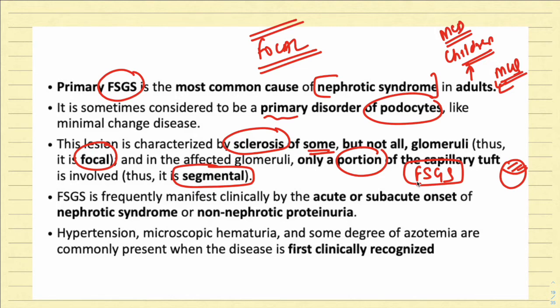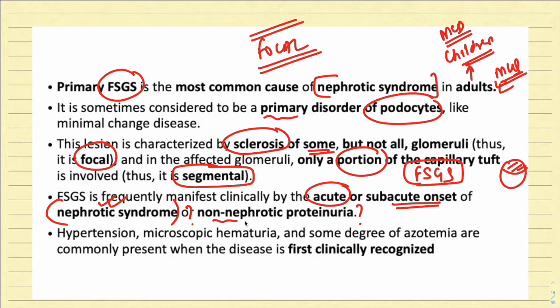Okay. So FSGS is frequently manifest clinically by acute or subacute onset of nephrotic syndrome, or sometimes there might be non-nephrotic proteinuria as well. So now you understood why I was not teaching these topics together with nephrotic or nephritis, because they have majority symptoms of some syndrome, but not completely those symptoms will be there.